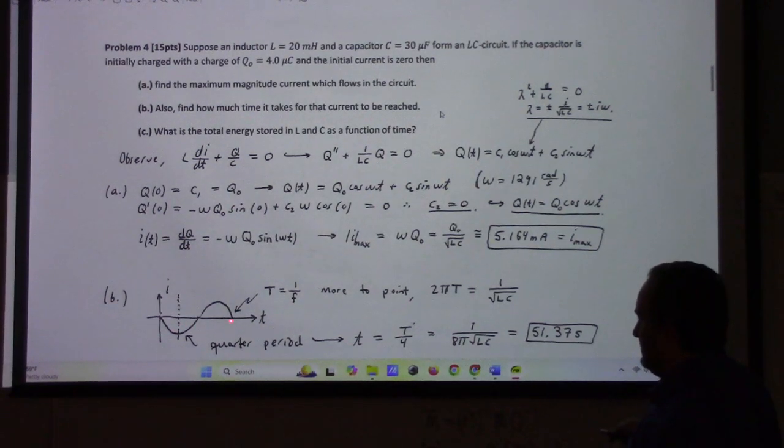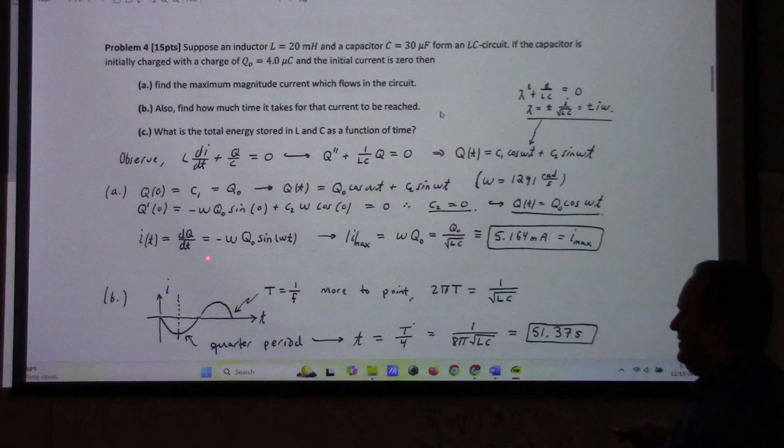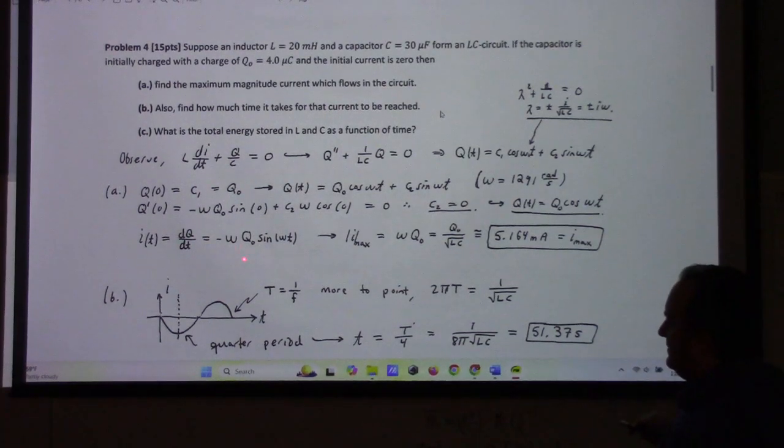And how much time does it take for that current to be reached? Well, you've got to think through things there, don't you? Since this is a minus sign, the graph of the current looks like this, right? So to get to the maximum current, I need to go 3/4 of a cycle right there. Or what did I say here?